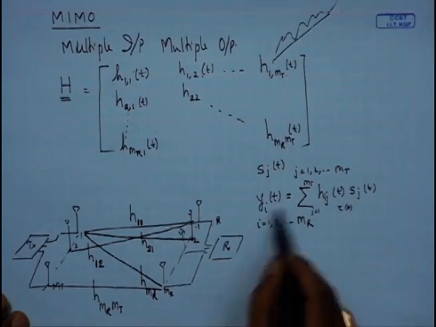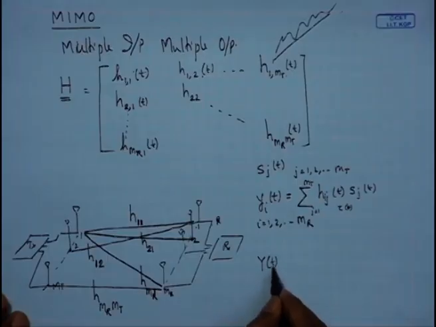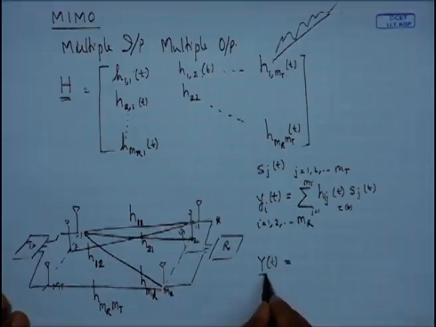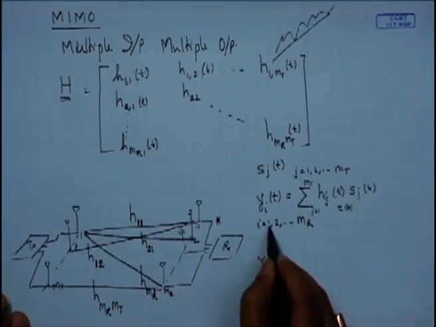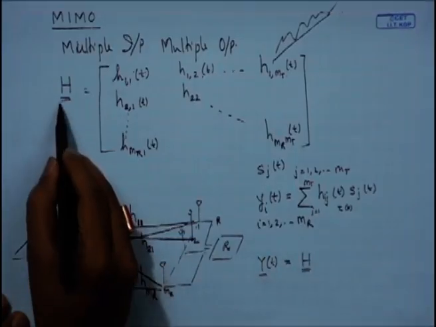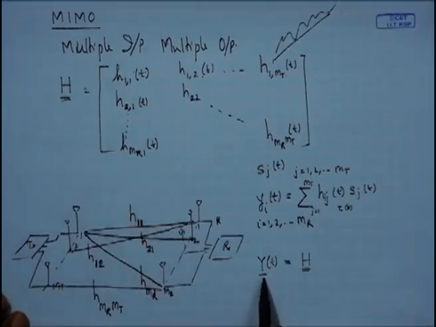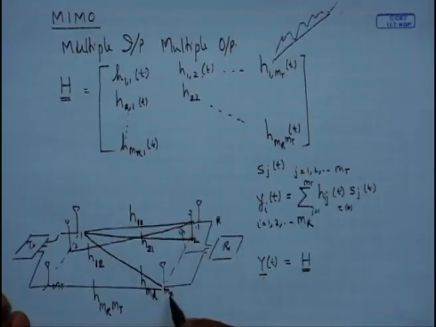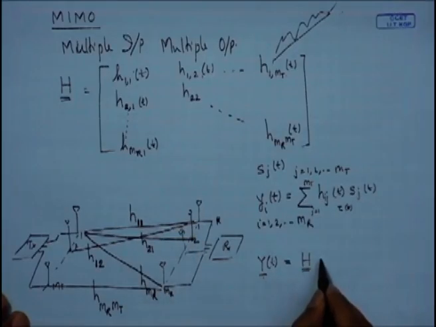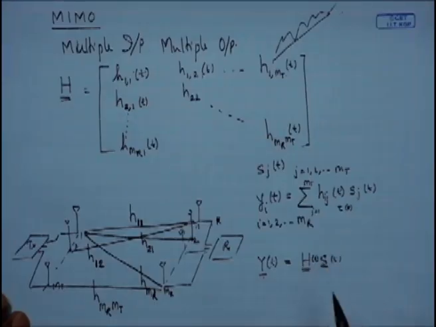And in vectorial notation, this could be written as the vector y(t), where yi, i equals 1, 2, up to MR, is equal to H, which I put a double underline to indicate it's a matrix, times s(t), where I put a single underline to indicate it's a vector. The y is a vector, y1, y2 up to yMR, equal to H times s(t). This is a function of time, and this is a function of time.